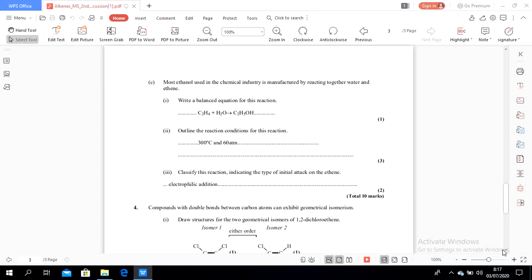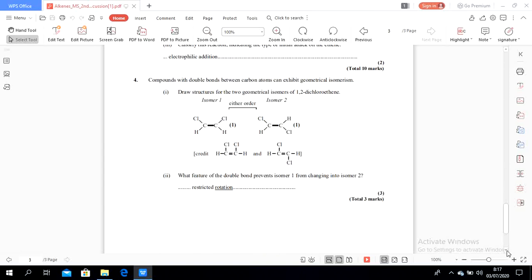Okay, and then number 4, the last number. Compounds with double bonds between carbon atoms can exhibit geometrical isomerism. So we have to draw the structure, the isomer of this one.